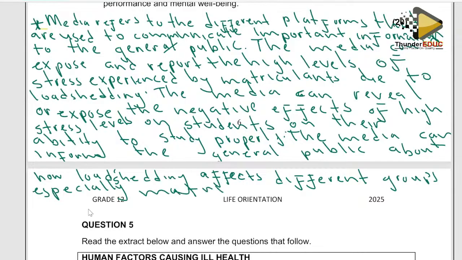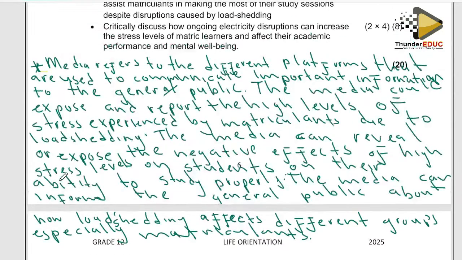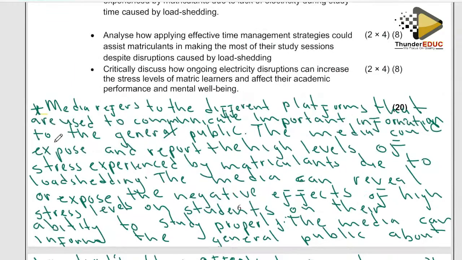So they can inform how it affects the general groups, especially matriculants. So that is the first bullet. So this has been written in a paragraph. So you're also encouraged to write in a paragraph when you write these particular bullets.